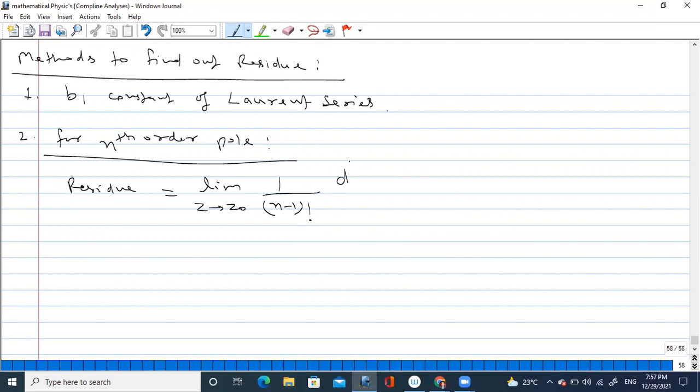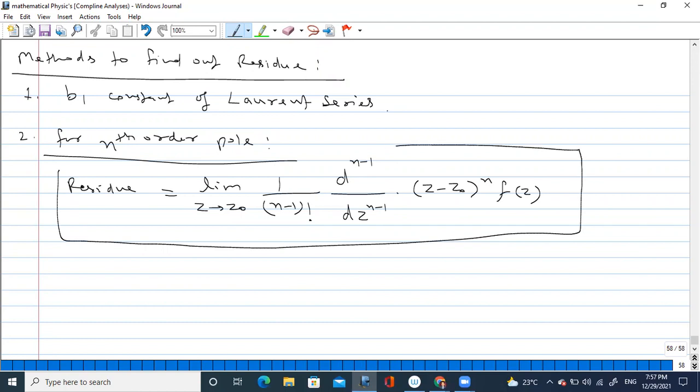And the derivative is also 1 lesser than that, into z minus z0 to the power n f z. That will be the formula if an nth order pole is there. So this formula you can utilize.